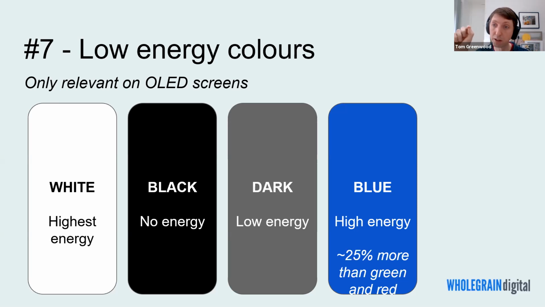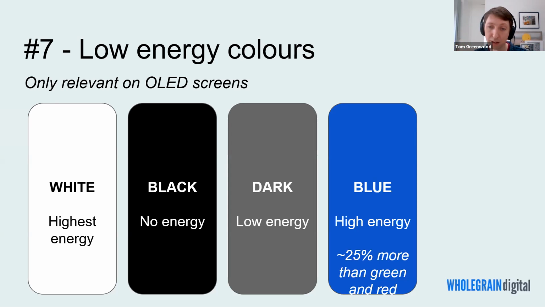It's like a tiny microscopic individual light bulb. So a white page means that every light bulb is switched on to maximum brightness, and a black page means all the light bulbs are switched off, which saves energy. Every color in between is somewhere in between. The darker it is, the less energy it's using.